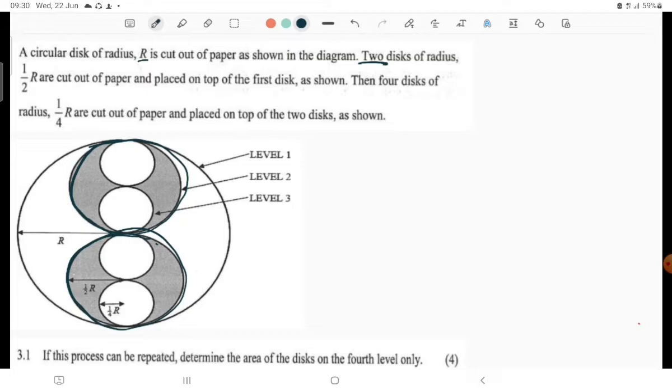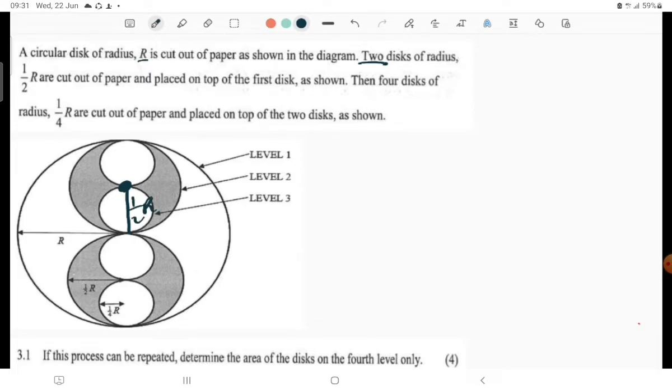So these ones have the radius of 1/2 r, which means the radius of the first disc is divided by 2 to get the radius of the second discs. So from here to here you moved r over 2, which is 1/2 r.